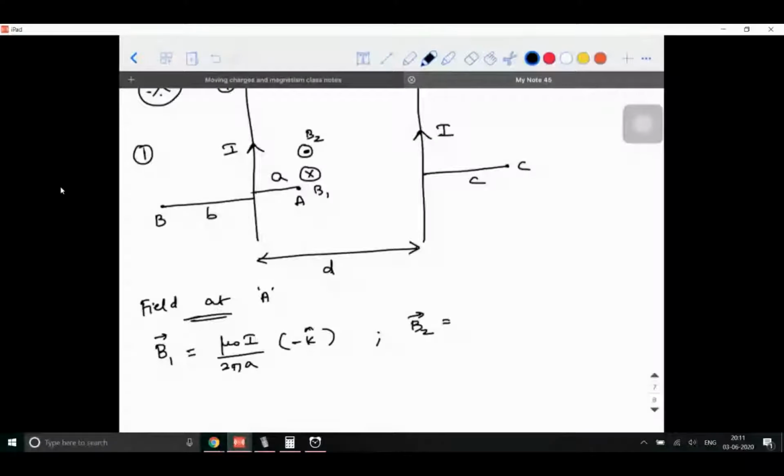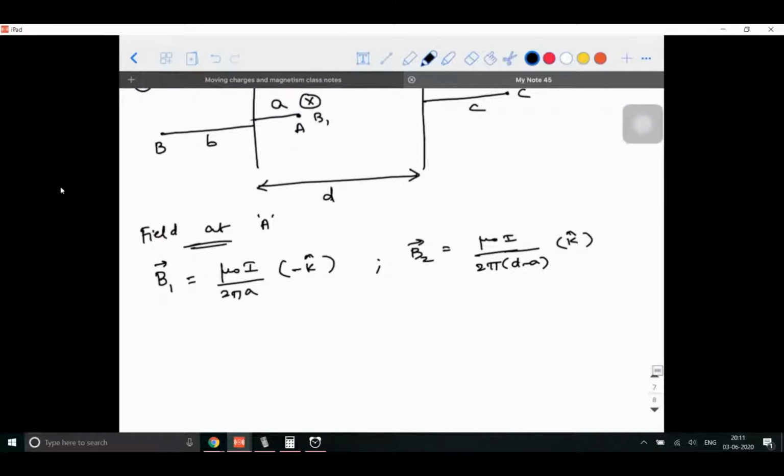Mu naught I by 2 pi into D minus A, in the direction of K cap. So the total field B vector is B1 vector minus B2 vector, that is mu naught I divided by 2 pi A into minus K cap, minus mu naught I divided by 2 pi into D minus A in the direction of K cap.